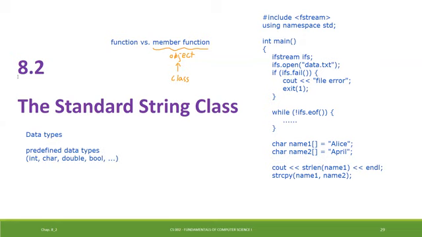And another data type is user-defined data types. Struct is a user-defined data type, and enum is also a user-defined data type, and class is also a user-defined data type.